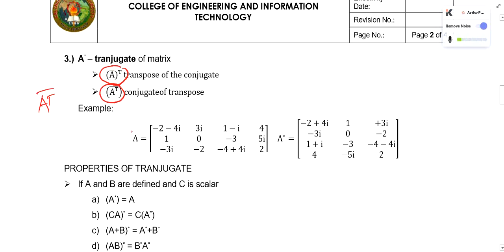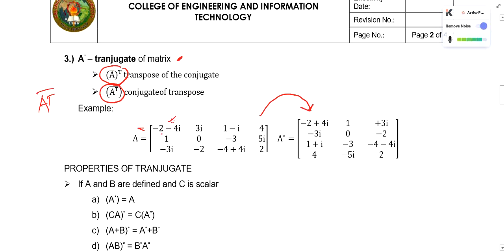So we have here a given matrix A. Meron tayong element na may complex numbers. So yung gagawin natin dyan, pag sinabi natin conjugate, pagsasamahin natin yung ginawa natin sa ating transpose at conjugate. So lahat ng may complex numbers, yung sign niya is the opposite. And then yung row ng ating matrix magiging column na ng ating conjugate.